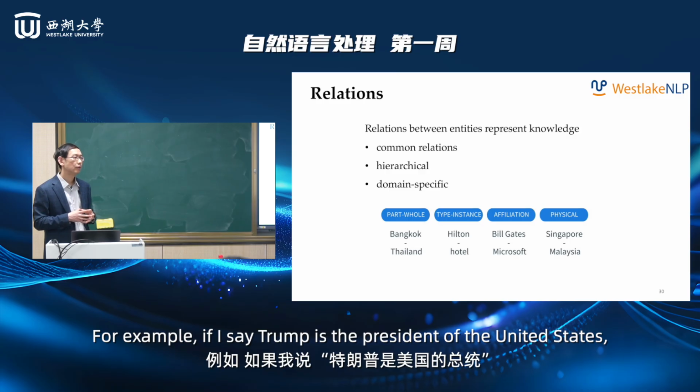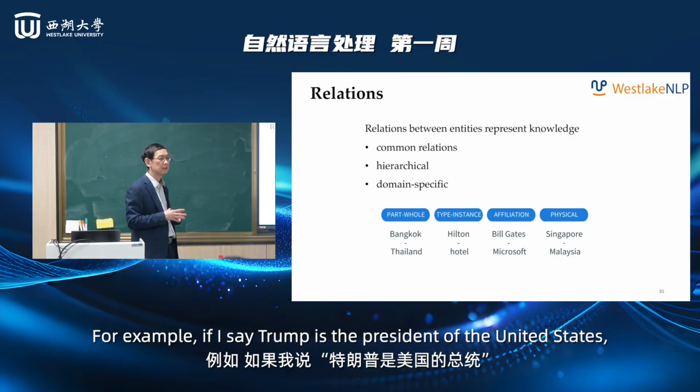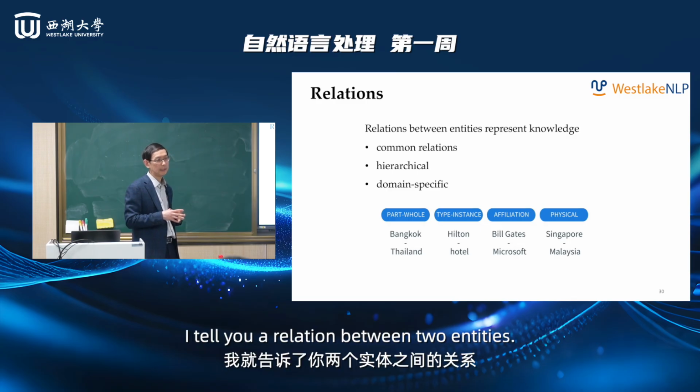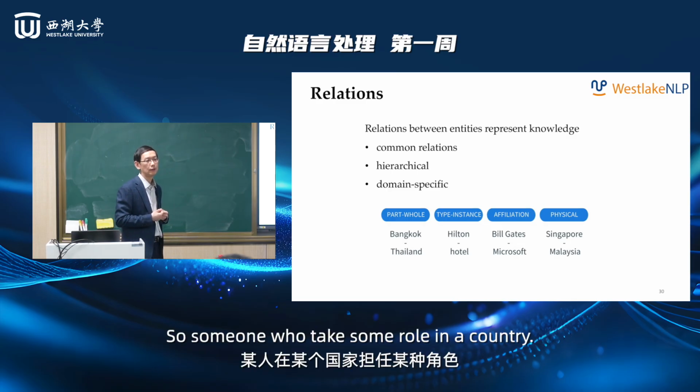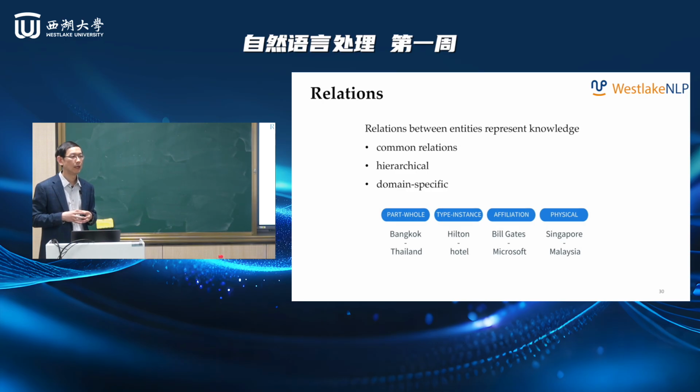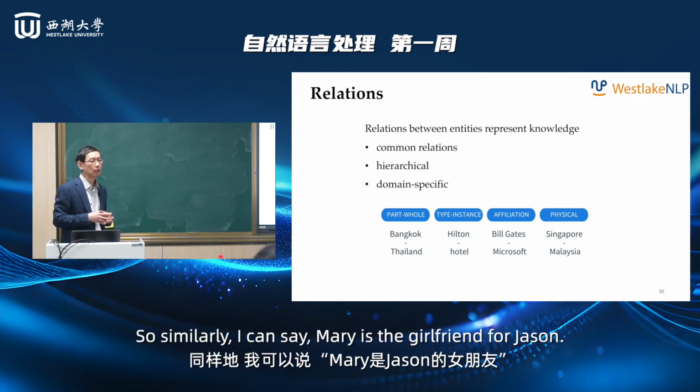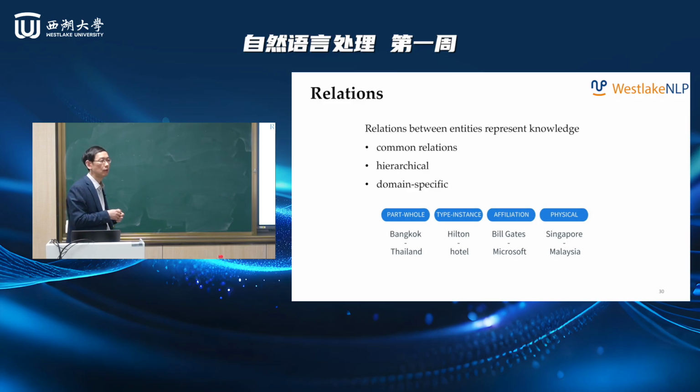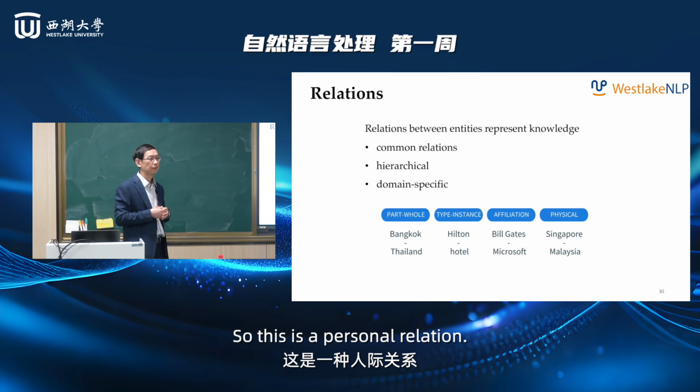For example, if I say Trump is the president of the United States, I tell you a relation between 2 entities, right? So someone who takes some role in a country, right? So similarly, I can say Mary is the girlfriend for Jason, all right? So this is a personal relation.